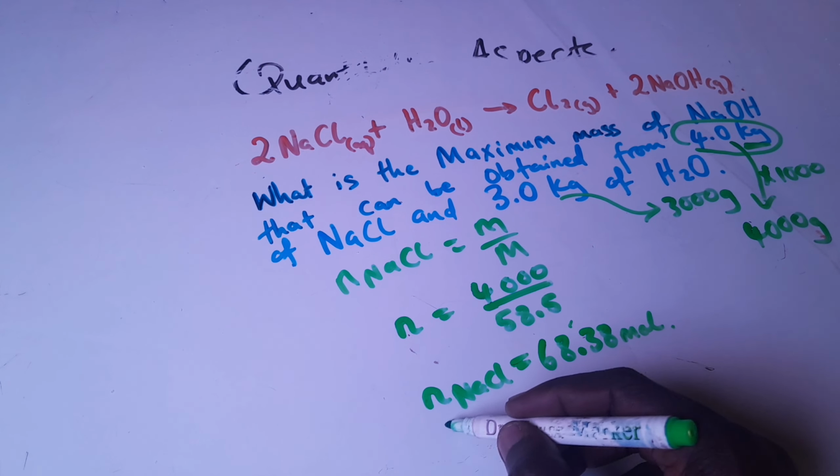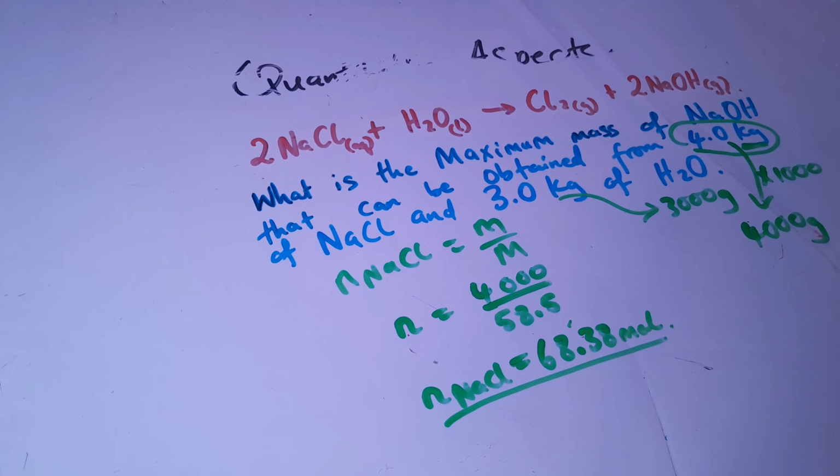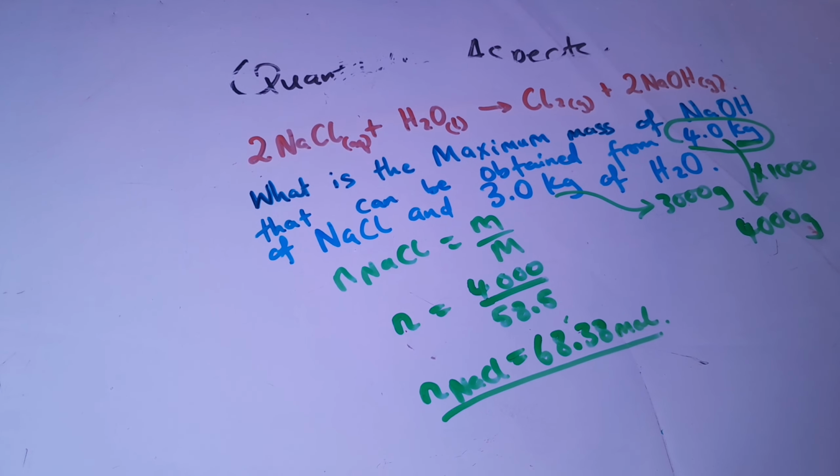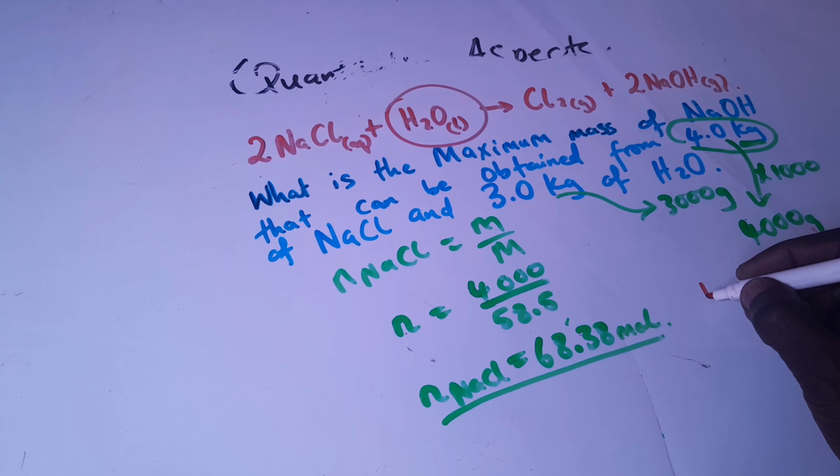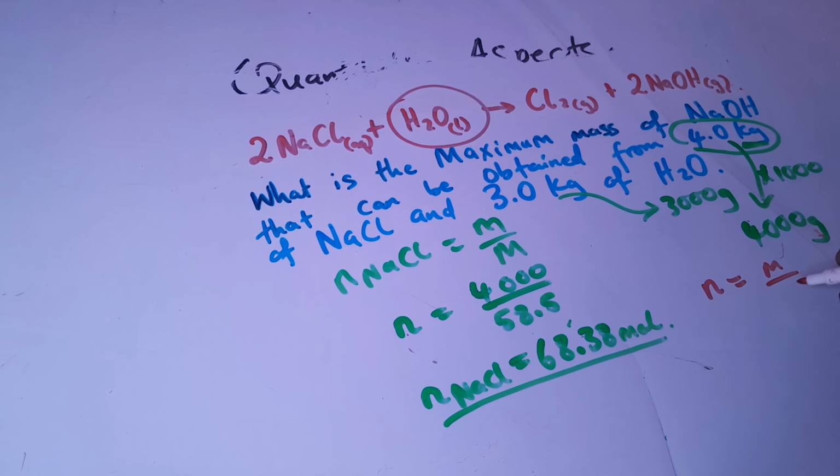Moles, right? So these are the number of moles of what? Of sodium chloride, right? So now let's go to the number of moles of water. Number of moles is equal to mass over molar mass. What is our mass?